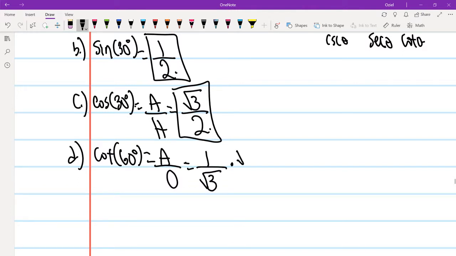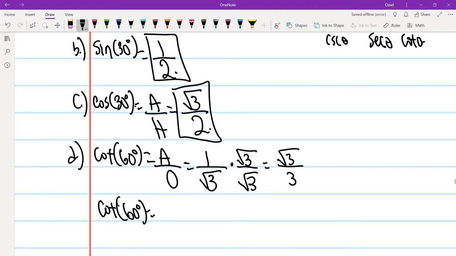And if they ask you to rationalize the denominator, I know in my pre-cal class she didn't ask us to do that, but it's always safe to do it, just in case they ask for it. You would get cotangent of 60 degrees equals the square root of 3 over 3.